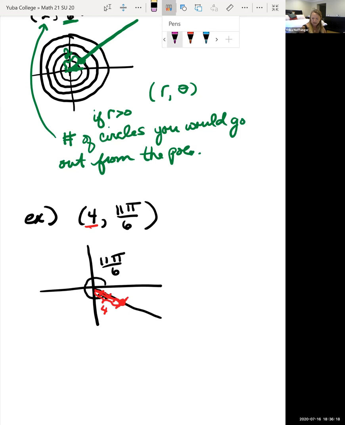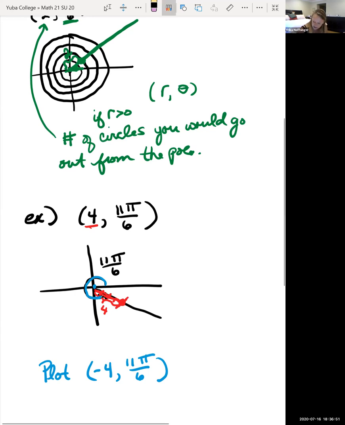So if r is less than 0, then instead of going in the direction that angle gave you, you're going to go in the opposite direction. For instance, if this had been -4, 11pi/6, I would do my 11pi/6 again. It would rotate me here.